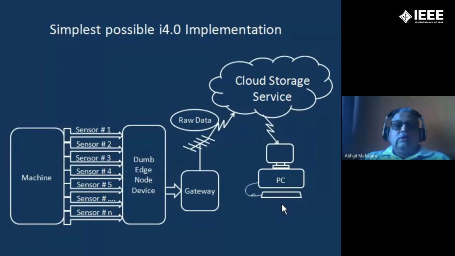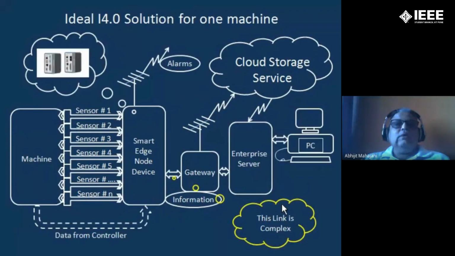But to get better results, what you need is an ideal IoT solution where you have a smart edge node device, and you have a machine with some protocol which is being read by this smart edge node. This is the edge node device, and you have the data that you don't get from this controller.